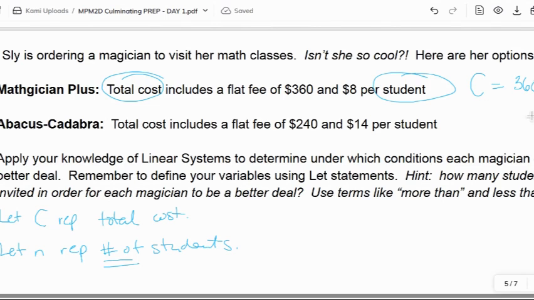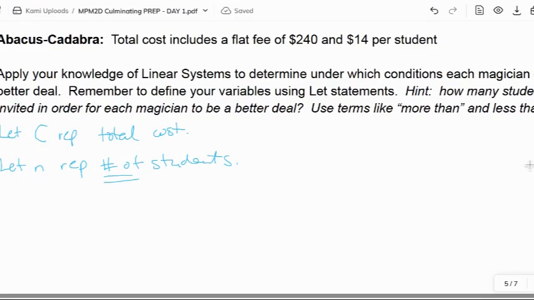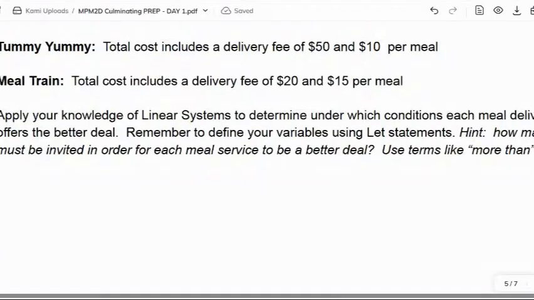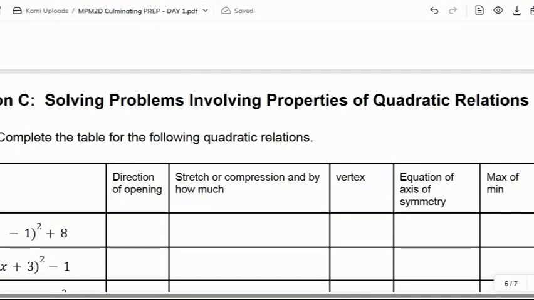So you would write your equations and then solve them. I gave you some hints on how to answer this question. I'm not going to actually do it with you because you have the solutions. I just wanted to set you up. And then I give you another question that you can work on.